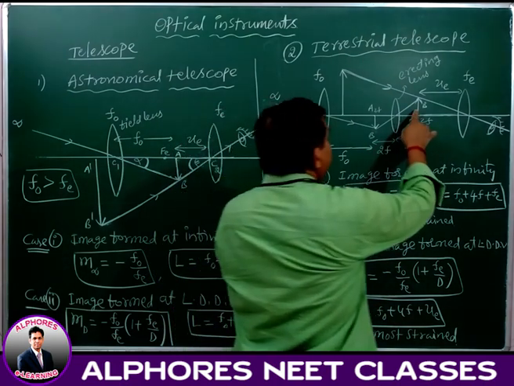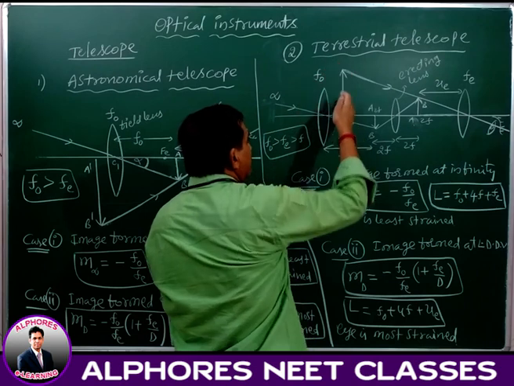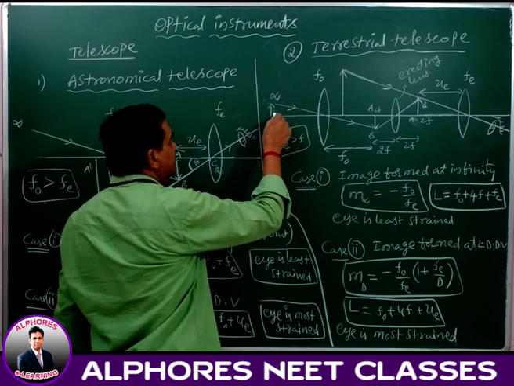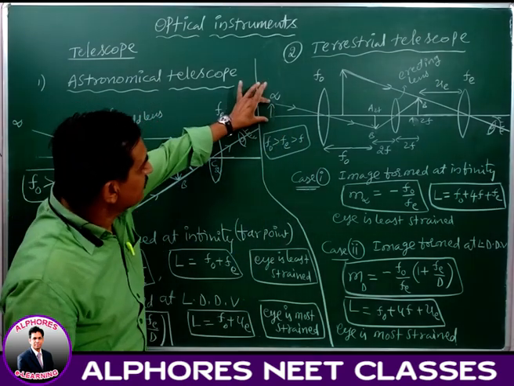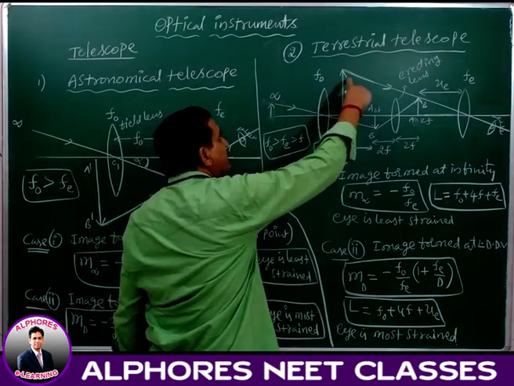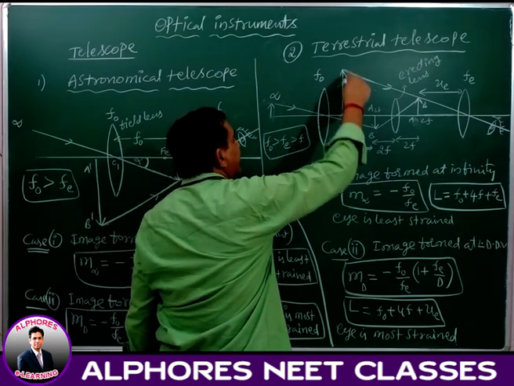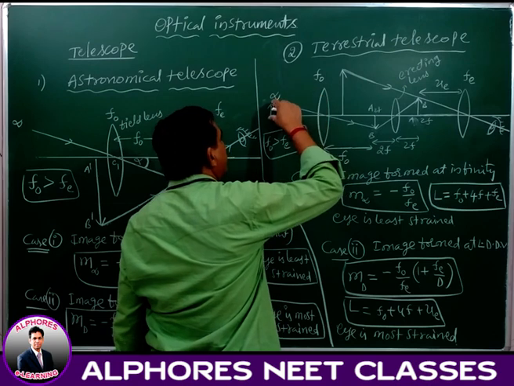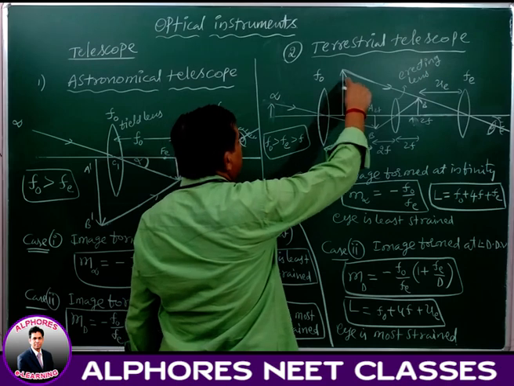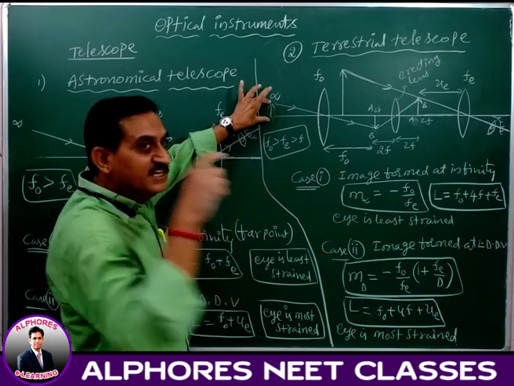Then this image serves as an object for the eyepiece and the final image is formed over here. So finally, suppose this is the object on the surface of Earth, the initial object. Comparing the final image and the object, both are on the same side, that is, erected. The final image is erected compared to the object. Now the building at half kilometer distance is seen by this terrestrial telescope.